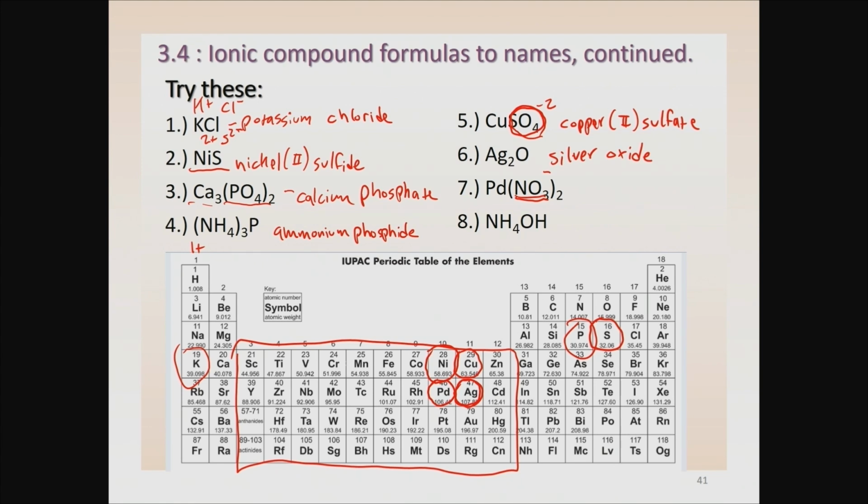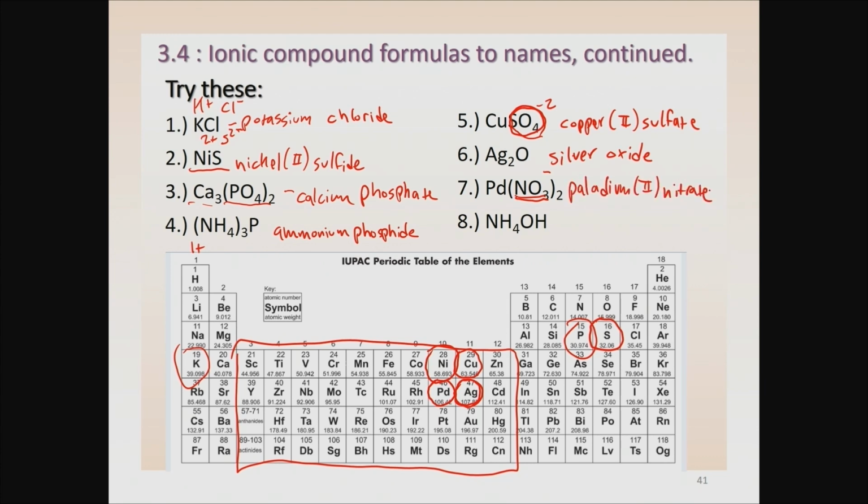In this formula, we have 2 nitrates, so the total charge contributed by nitrate is 2 minus. Therefore, the charge contributed by palladium should be 2 plus. We only have 1 palladium ion there, so that 1 palladium ion must have a charge of +2 to balance the 2 negative charges from the nitrates. So palladium's charge is 2, and that needs to be included in the name. It's going to be palladium(II) nitrate.